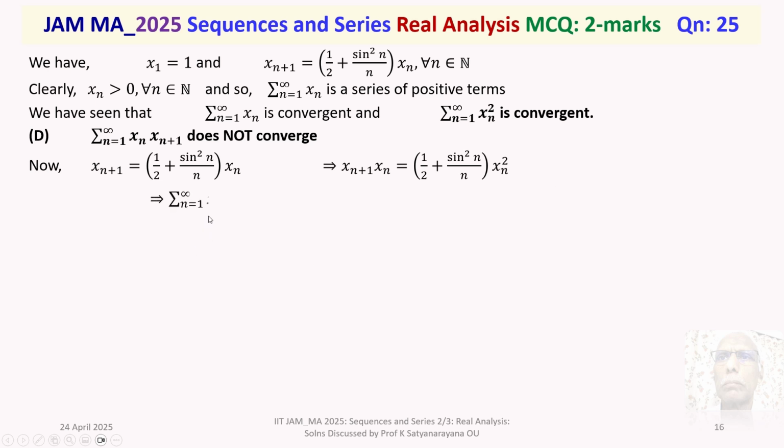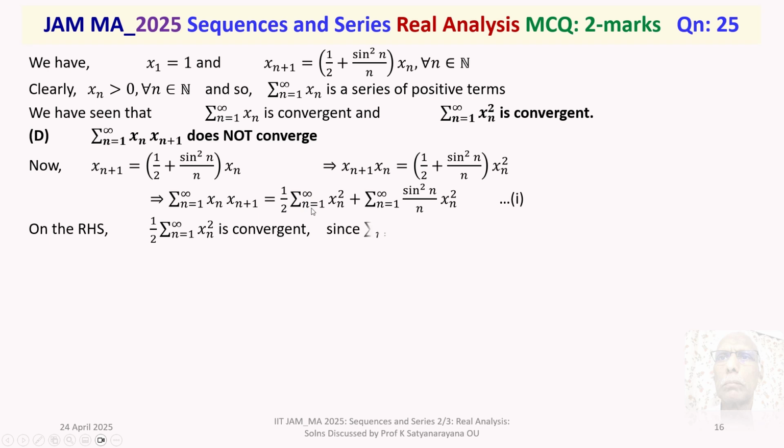Take this series: sigma n equal to 1 to infinity xn plus 1 is equal to 1 by 2 sigma xn square plus sigma sine square n by n xn square. Let's call this series 1. It is the sum of two series. On the right hand side, 1 by 2 sigma xn square is convergent because sigma xn square is convergent.